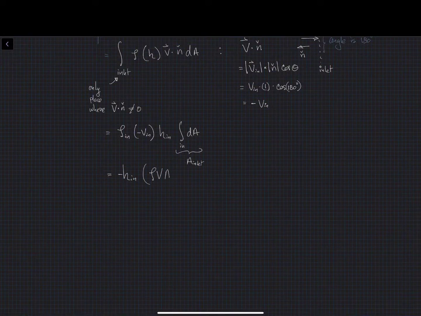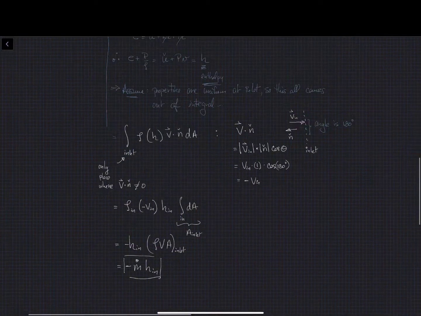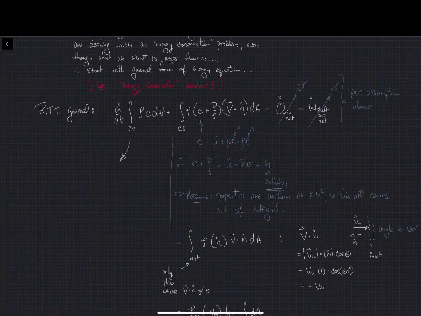I can pull them out. That's kind of nice because now I've got rho VA as one component. Of course, rho VA is the mass flow rate going into the tank at that point. So I've got the mass flow rate times the enthalpy going into the tank.